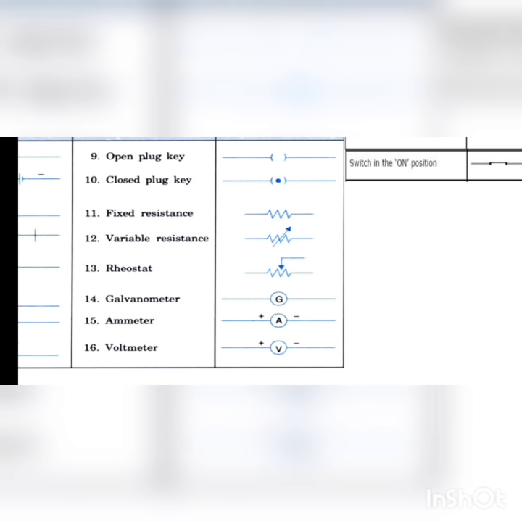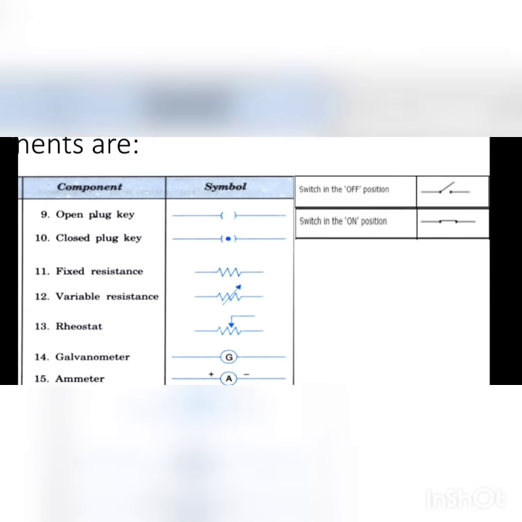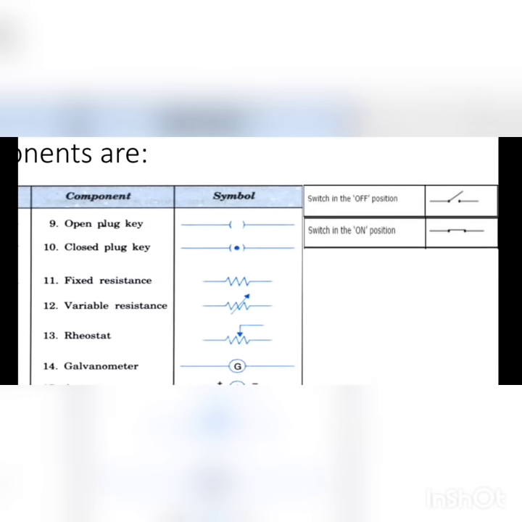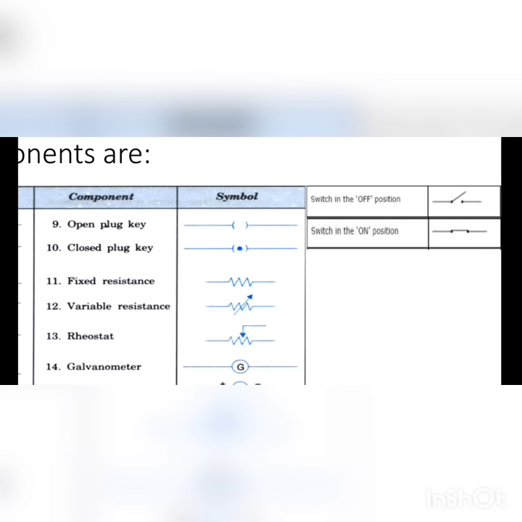Fine. Now you can see that in a galvanometer there is no plus and negative sign, but an ammeter has a positive terminal and a negative terminal, and similarly a voltmeter. So you have to keep in mind which terminal you are connecting with your batteries. Fine. Now these are the switches. The last two are the switches.